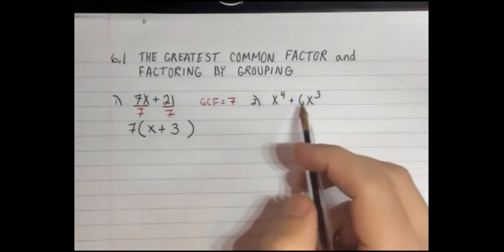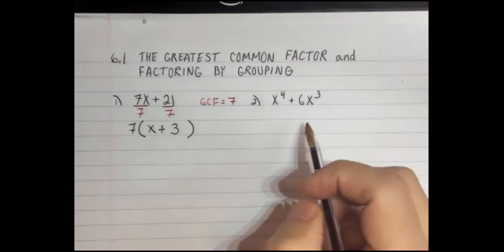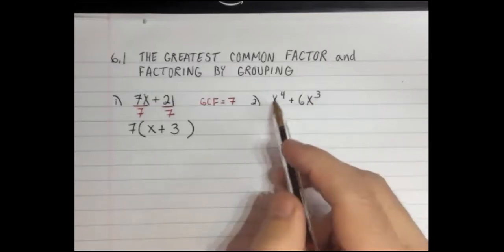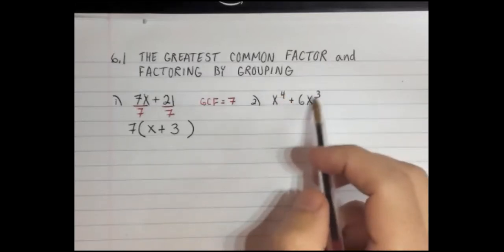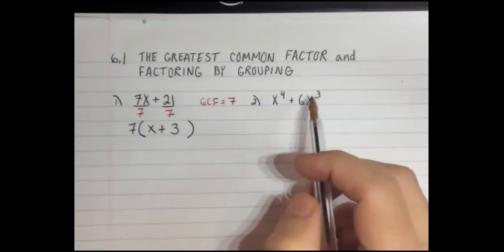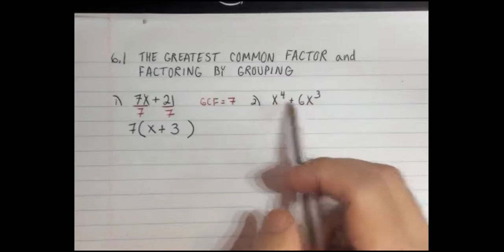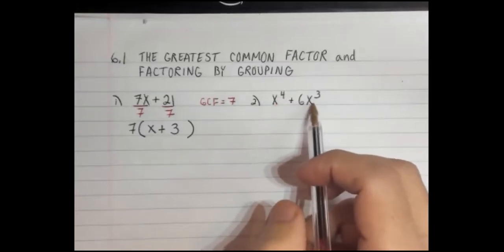So now we're looking at the variable. What is the most variables I can pull out? This one has 4 x's, and this one has 3 x's. So the most I can pull out would be 3, because yes, I can pull out 4 out of this term, but there's not 4 x's I can pull out here.